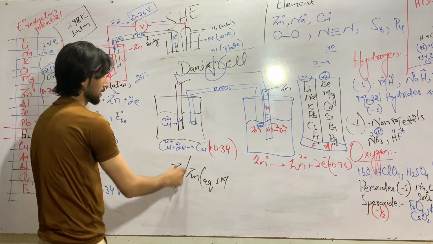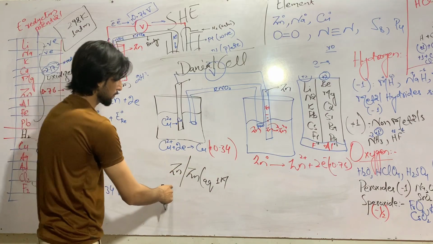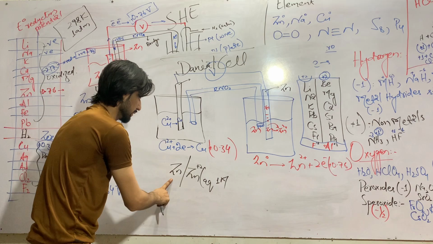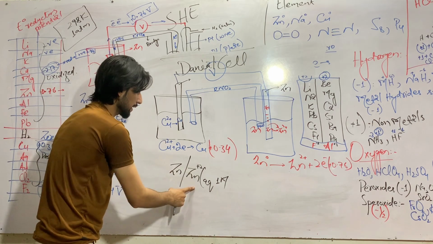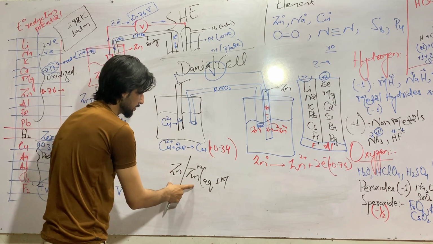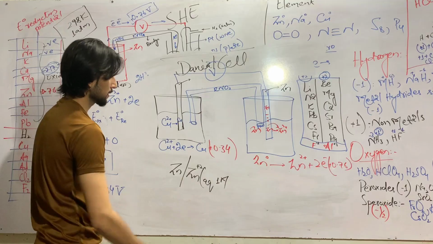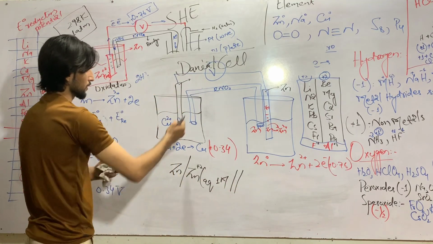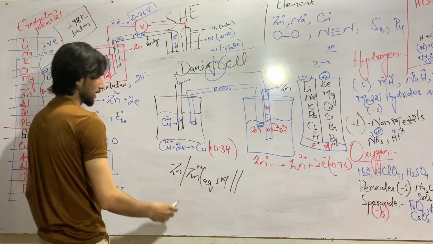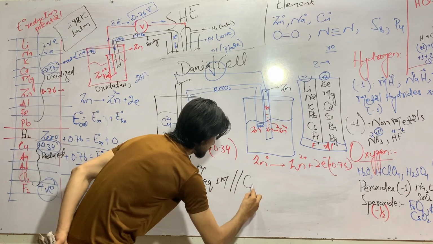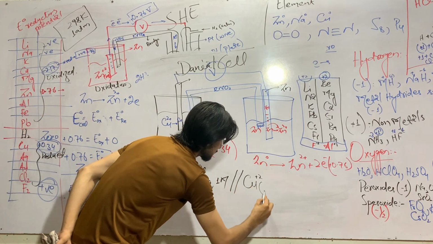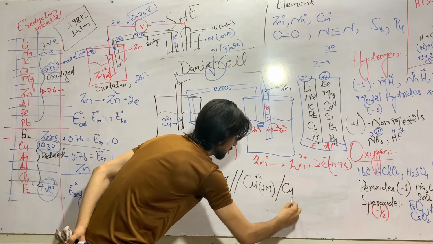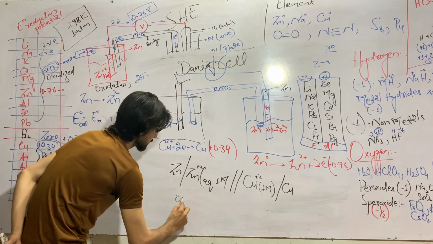We must draw a slash between the element and its ion, or the medium in which it is being dipped, then a double slash for the salt bridge, and then copper 2 plus ions of its 1 molar aqueous solution convert into copper.